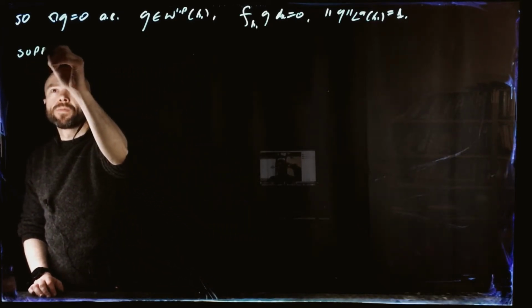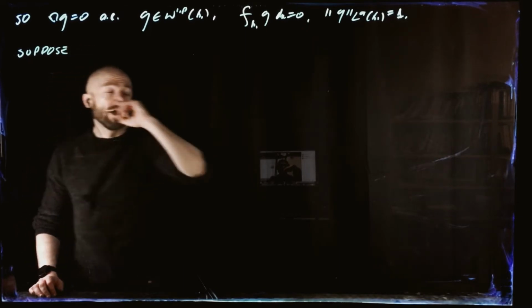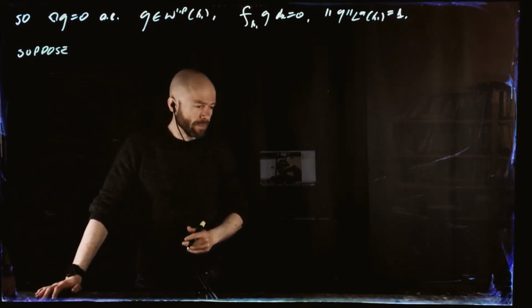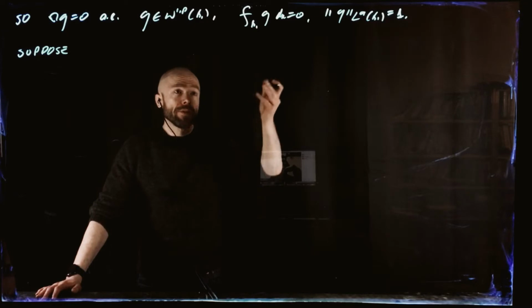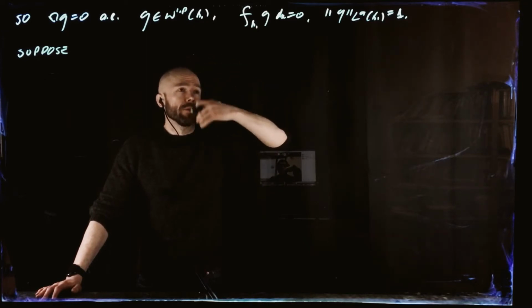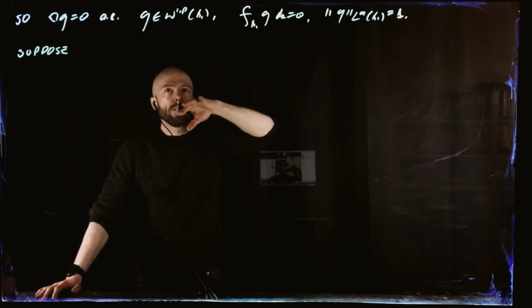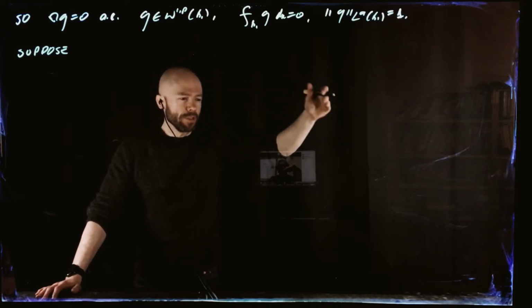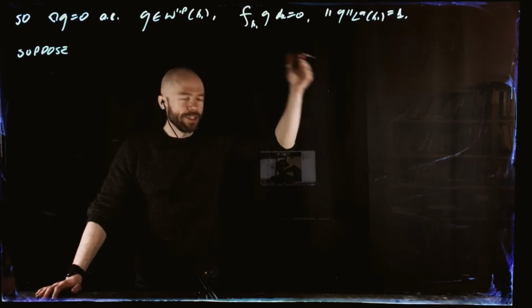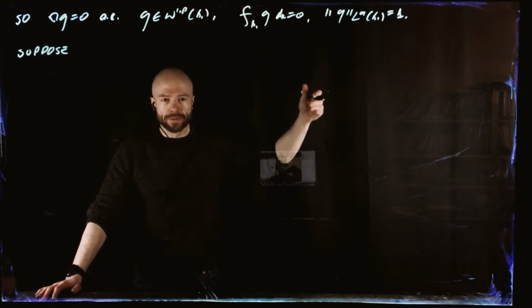Suppose that... well, the only way that this is true is if we have a set of positive measure where g takes values which are different than g on some other set of positive measure.